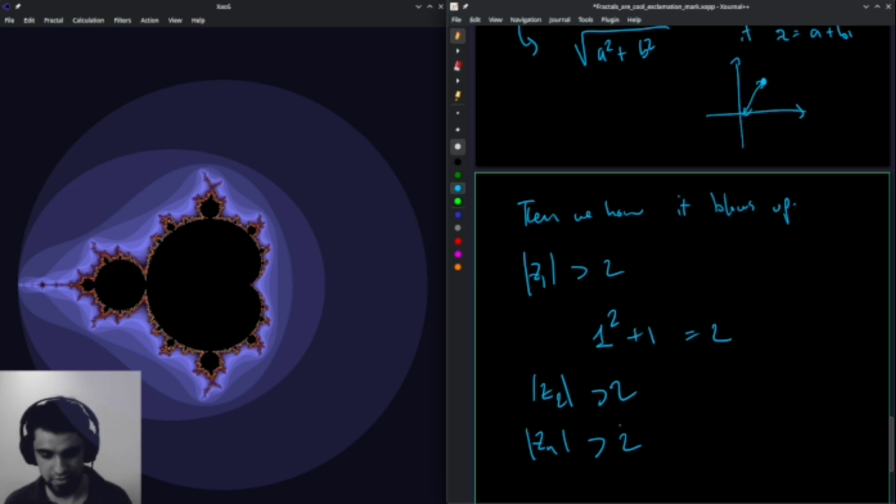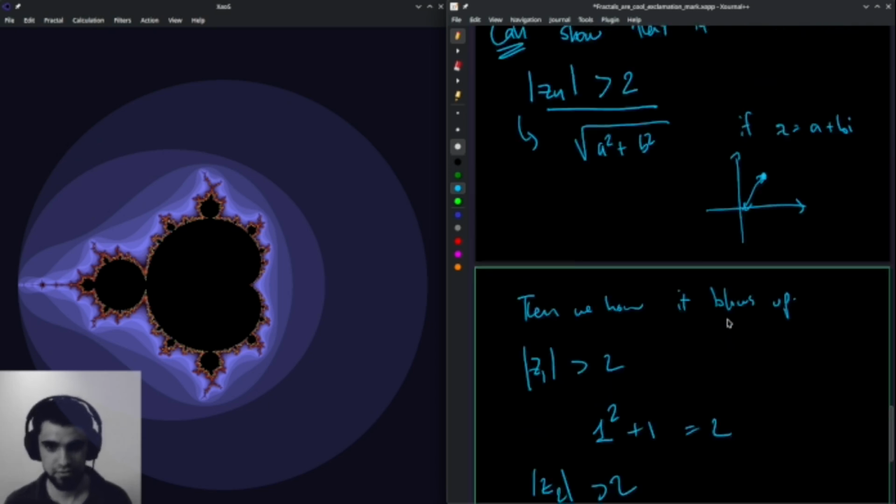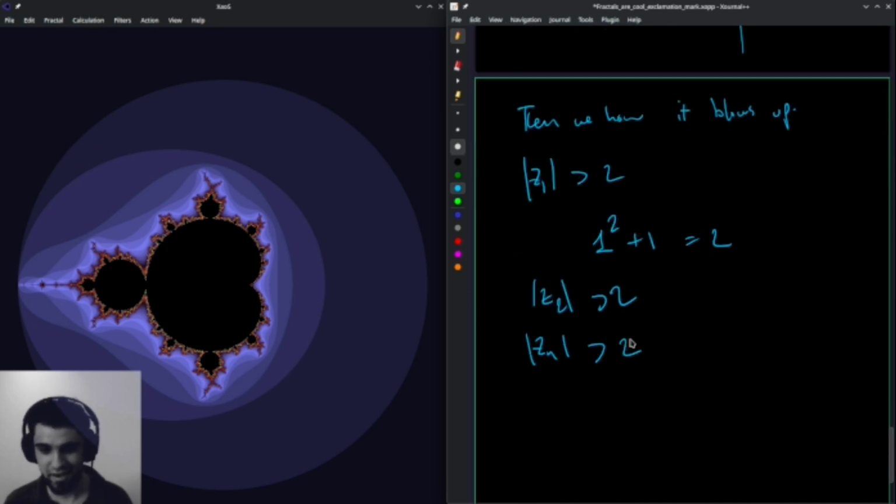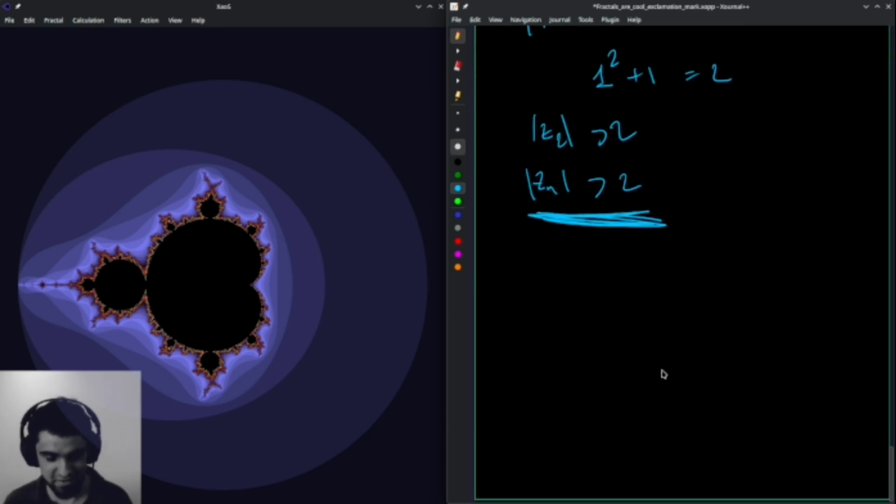Because we know that if it ever is bigger than 2, through this theorem that we have actually not proved but that we will trust in, it will escape. And so we color things based on how long it takes to escape. And what's crazy is this is Zn equals Zn minus 1 squared plus C.